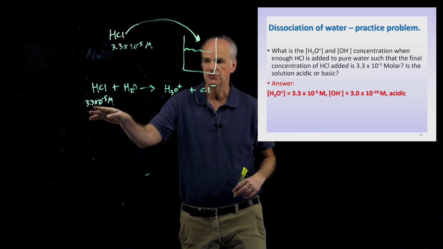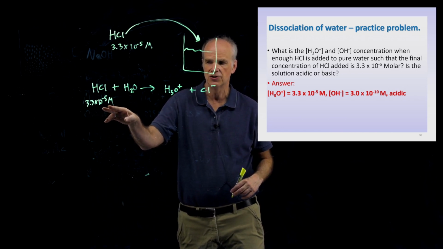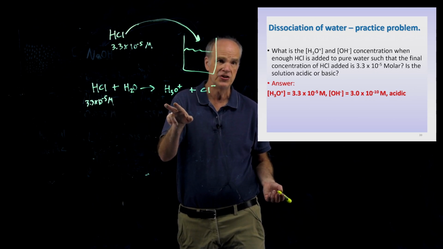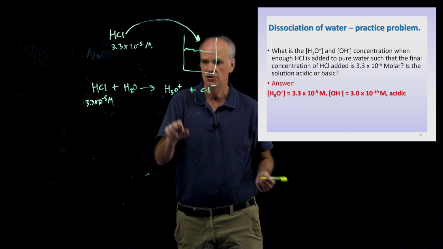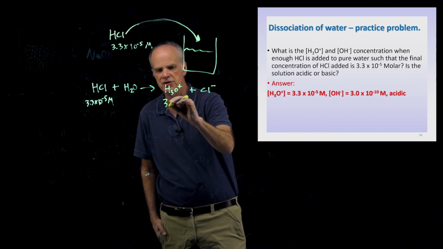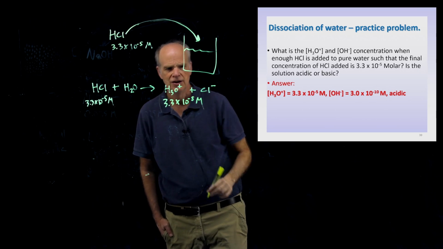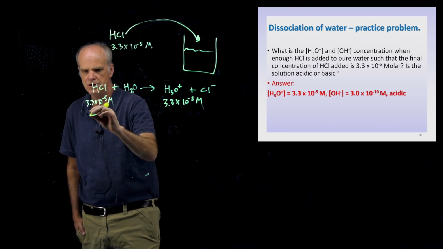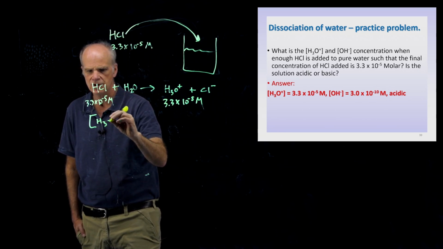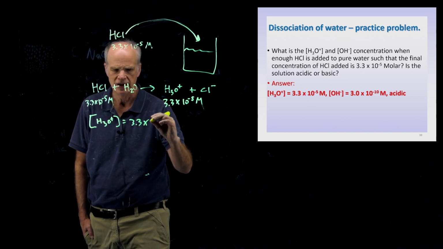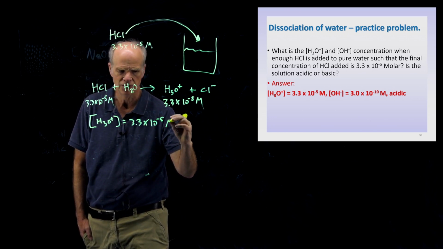That will all react with the same amount of water and produce the same amount of hydronium. So the hydronium here is 3.3 times 10 to the negative 5 molar.